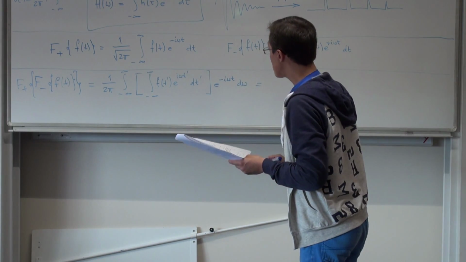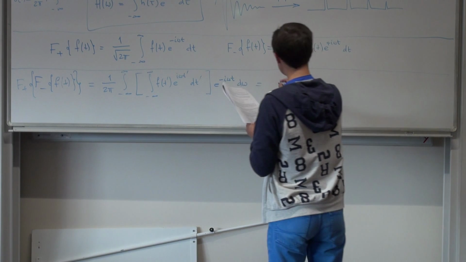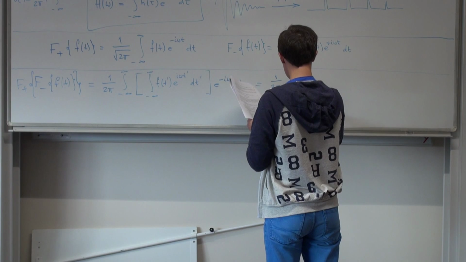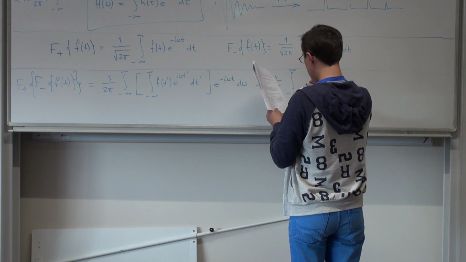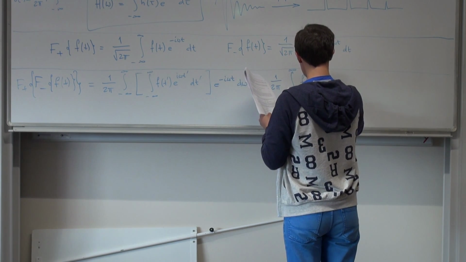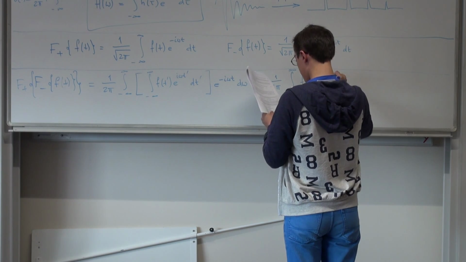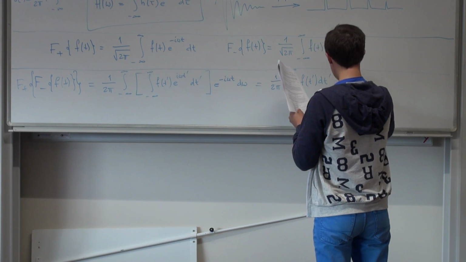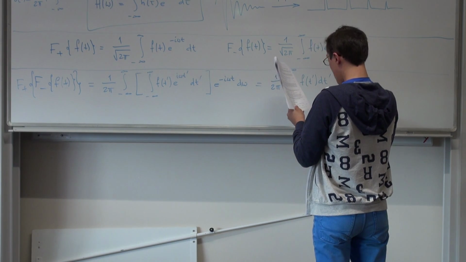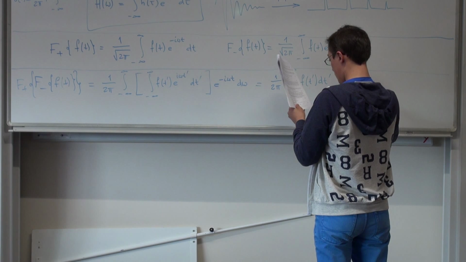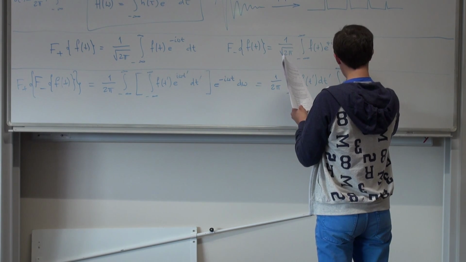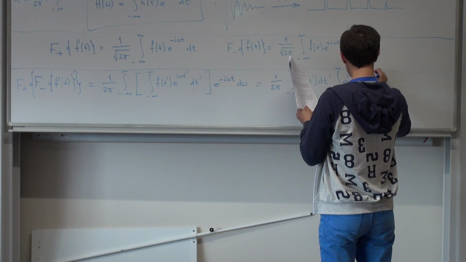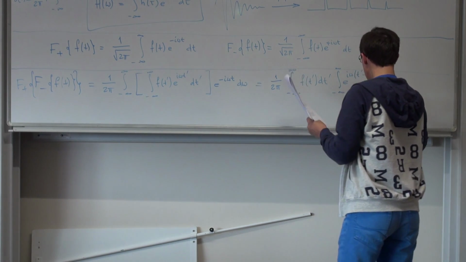So well, we now need to reshuffle a few things here. It will be 1 over 2 pi integral minus infinity to infinity f of t prime dt prime, and I'll collect the two exponentials together, an integral minus infinity to infinity e to the i omega times (t prime minus t) d omega.